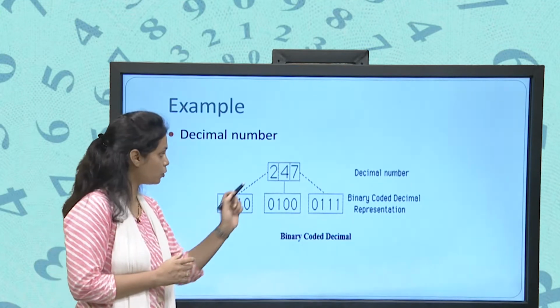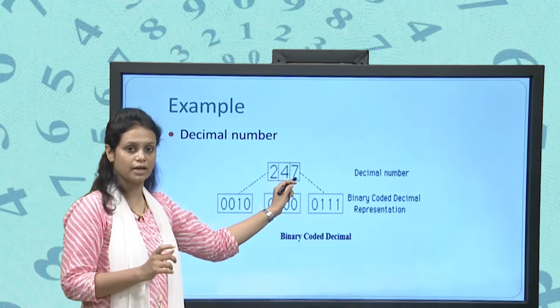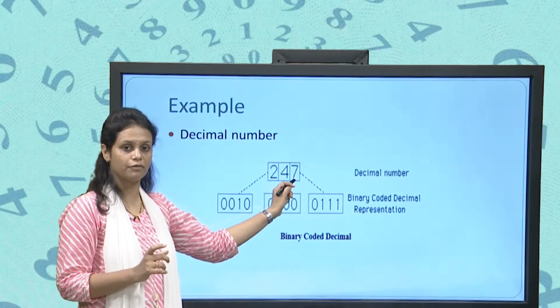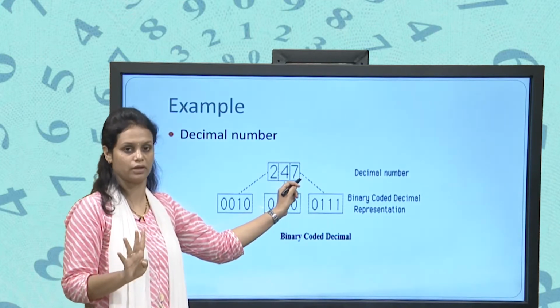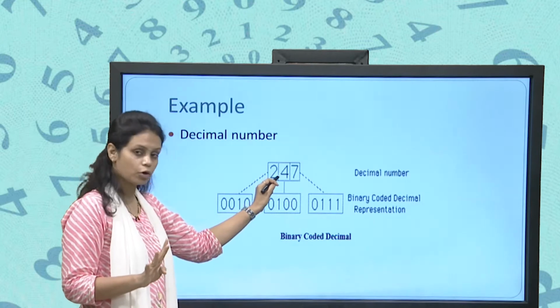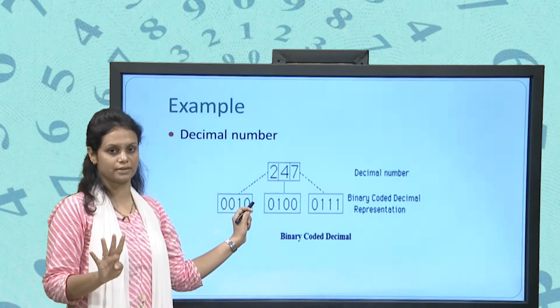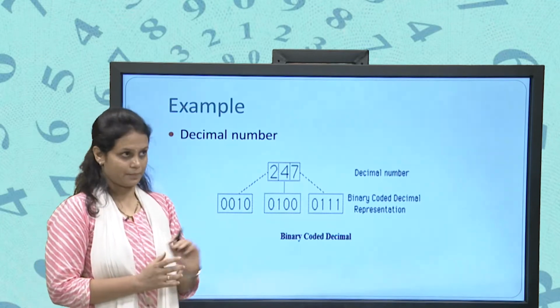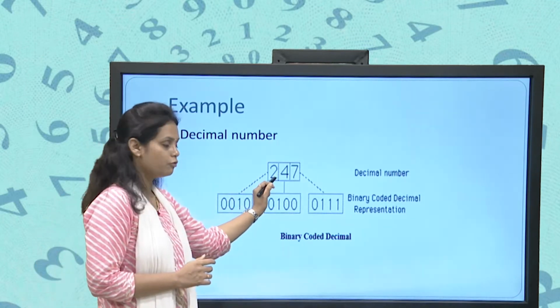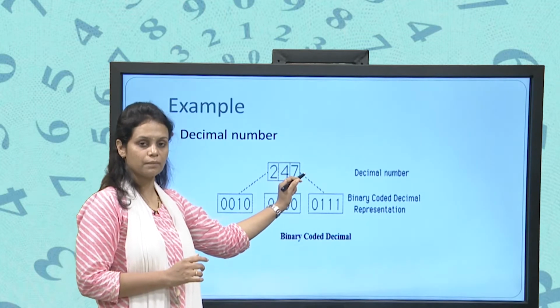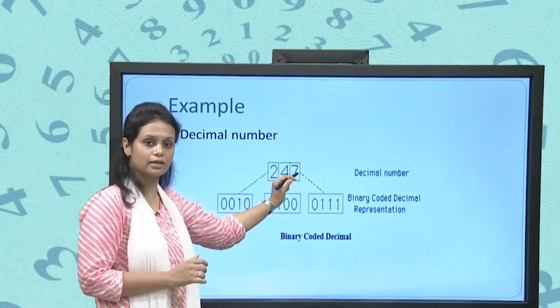Fine. That means suppose we want to display 7 in the binary coded decimal, we require 4 bits for 7 only. Okay. For 4 also we require 4 bits, for 2 also we require 4 bits. I am repeating, suppose this number, 247, is the decimal number. What do we mean by the decimal number? This is the base 10 number.